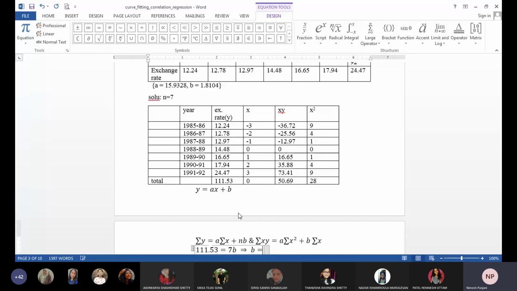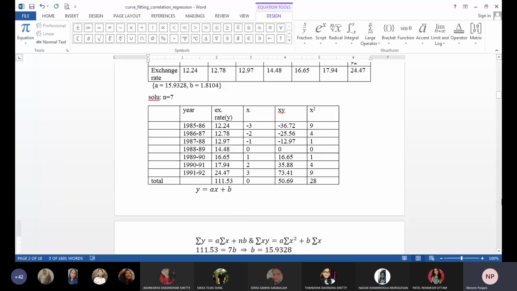So how much is b? 111.53 divided by 7, so 15.9328. This is the value of b which we get.